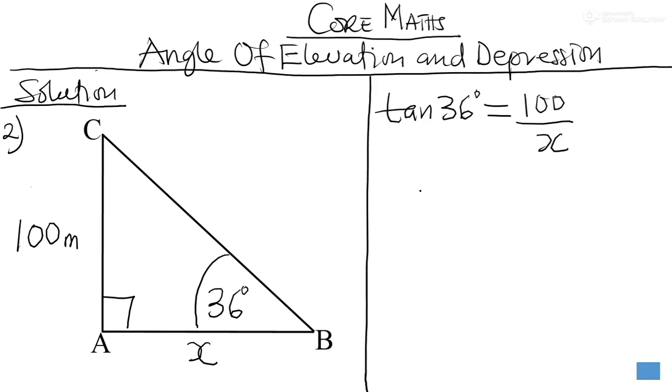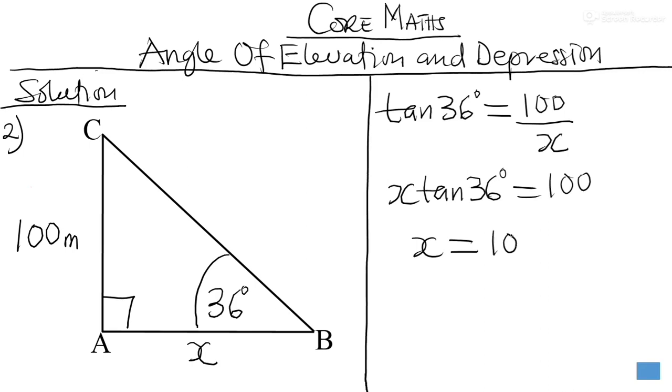So we do that by multiplying through by X. So we are going to have X tan 36 degrees equals 100. Good. So making X the subject, we divide both sides by tan 36. So our X is going to be 100 over tan 36.